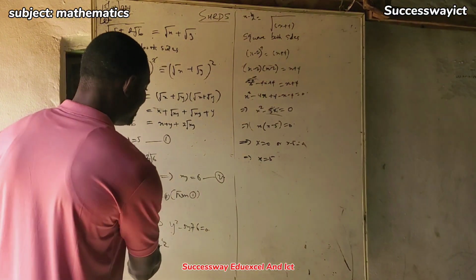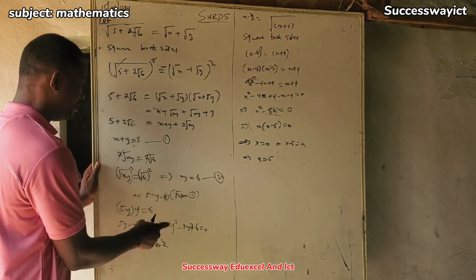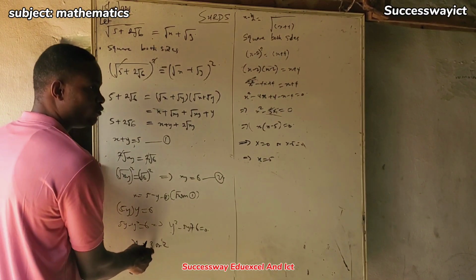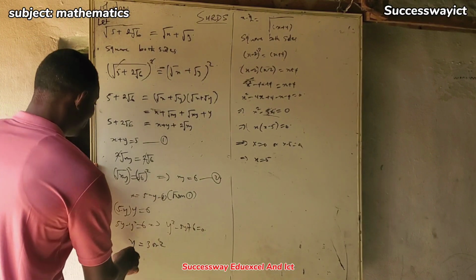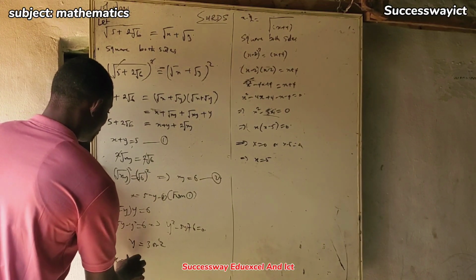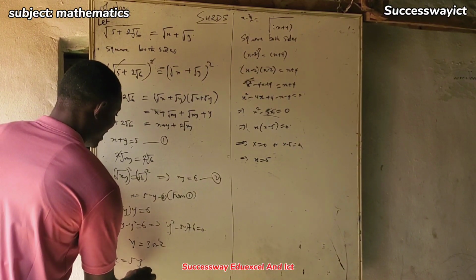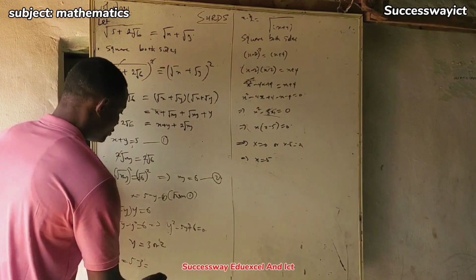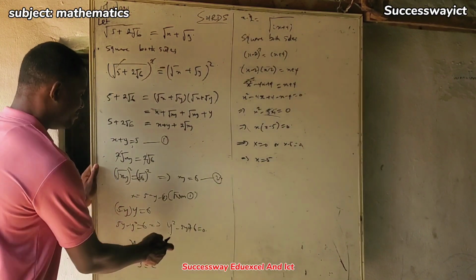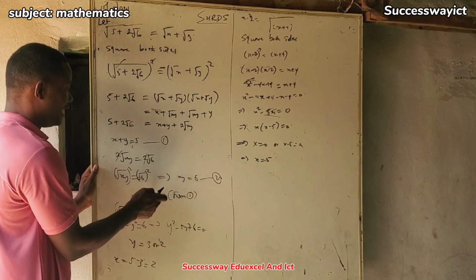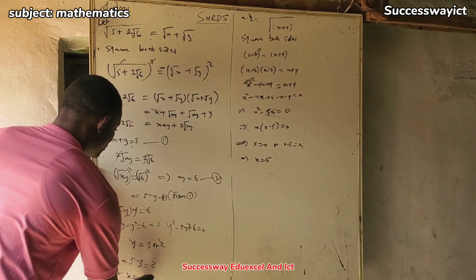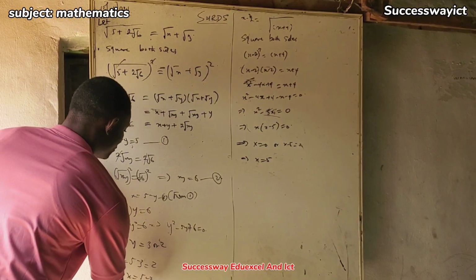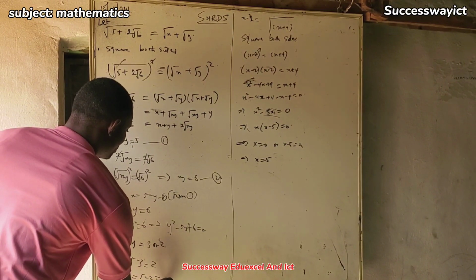So if I pick any of the y from here, for instance, if I pick y equal to 3 and I substitute into this guy here, I'm going to have my x to be equal to 5 minus 3, which is equal to what? 2. If I pick y equal to 2 and I put into this guy, x is equal to 5 minus 2, which is equal to what? 3.